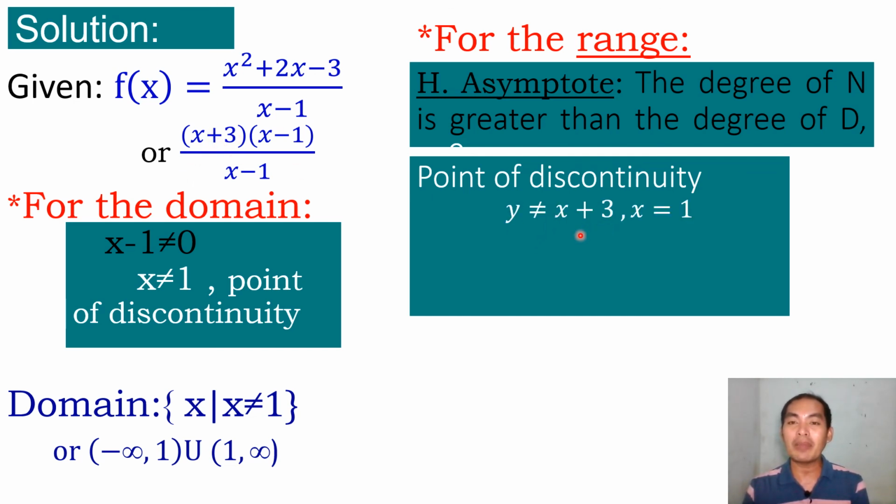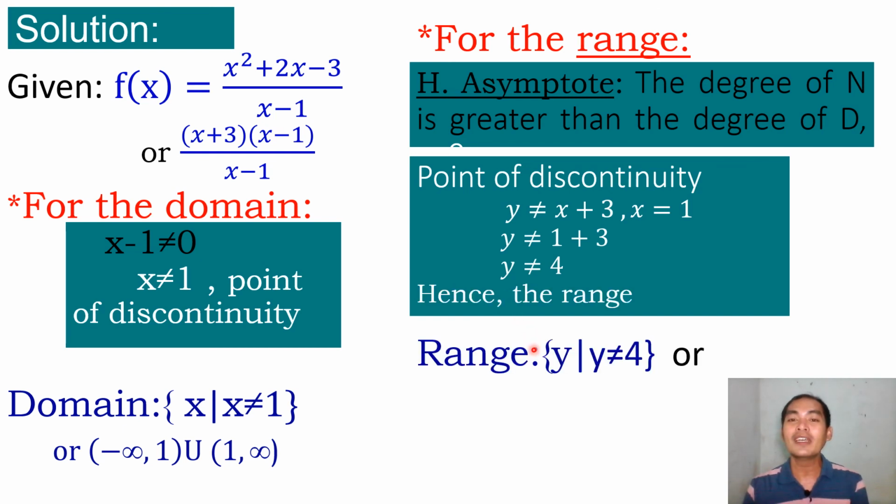So, we substitute here x to solve for y. Remember, y is equal to x plus 3, ang natira na lang sa function. We substitute when x is 1. So, 1 plus 3 is 4. Therefore, y is not equal to 4 as the restricted value of the range.